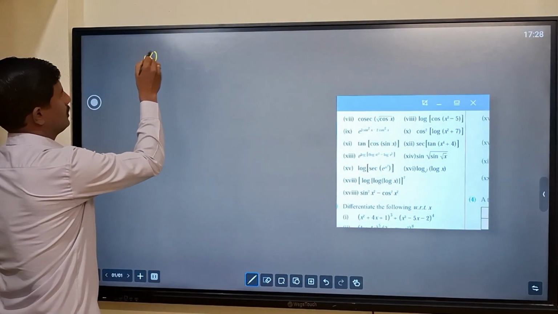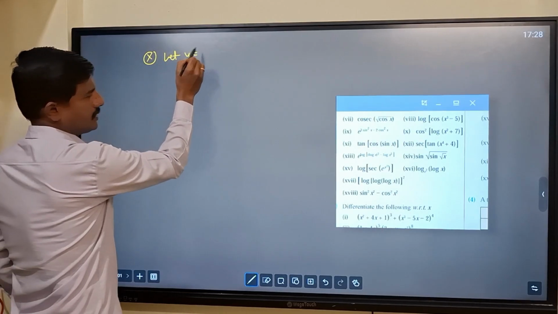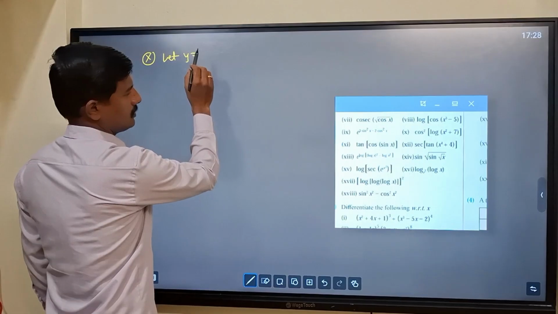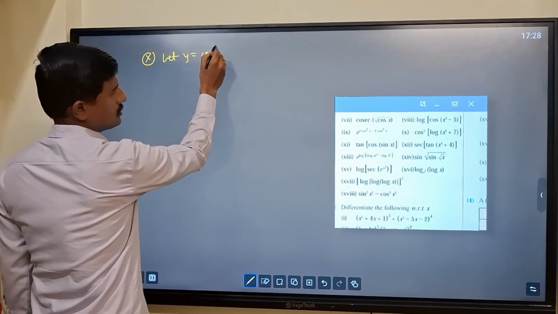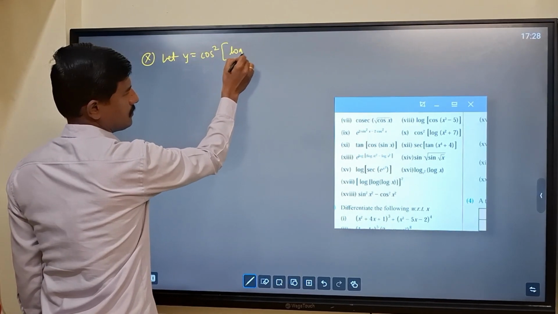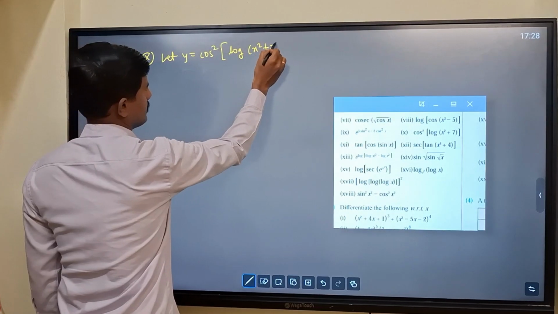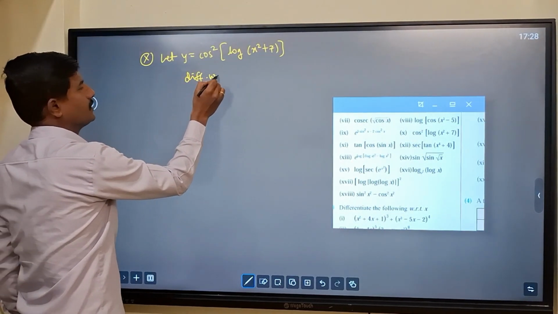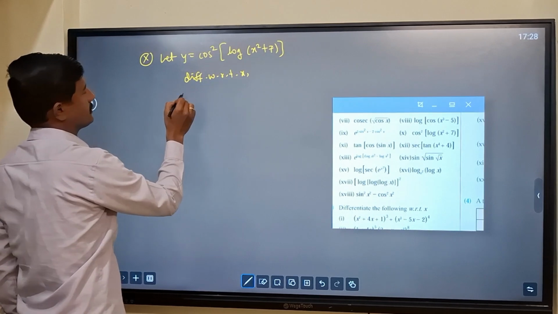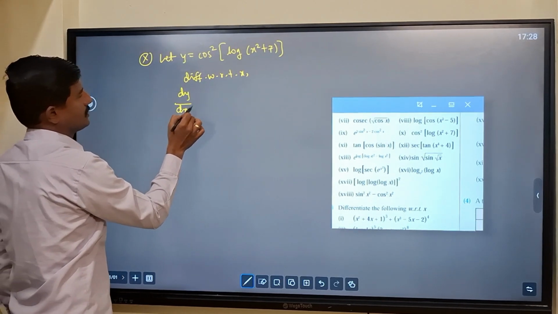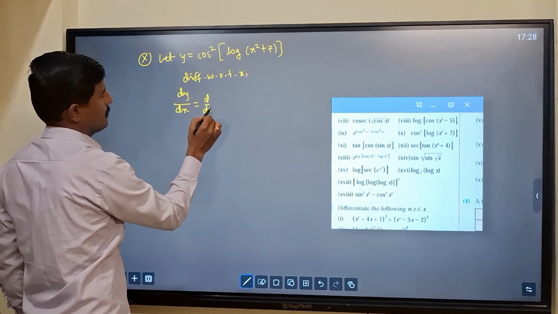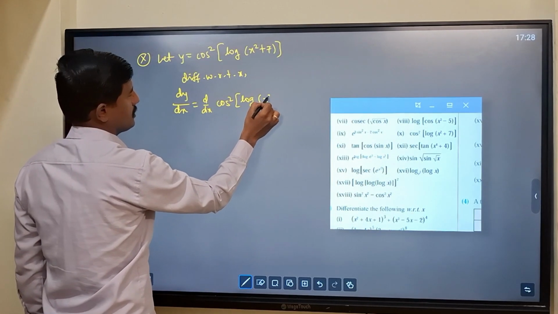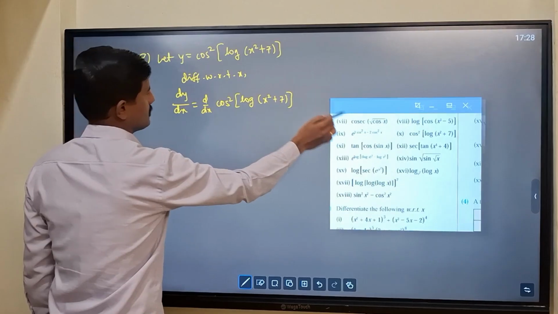tenth one. Let y equal to cos square log of x square plus 7. Differentiate with respect to x. dy by dx is d/dx of cos square log of x square plus 7.